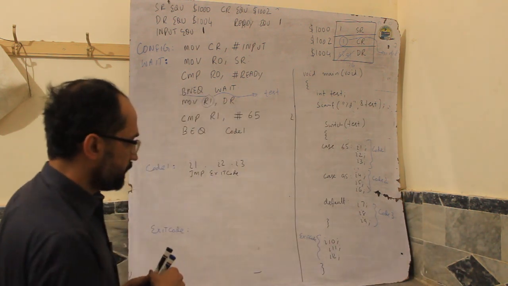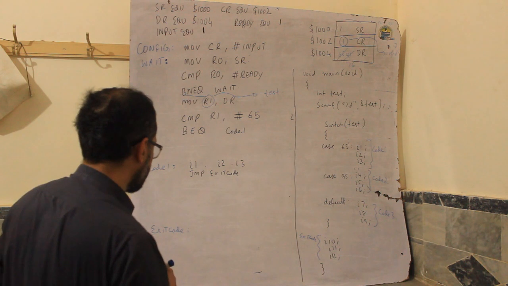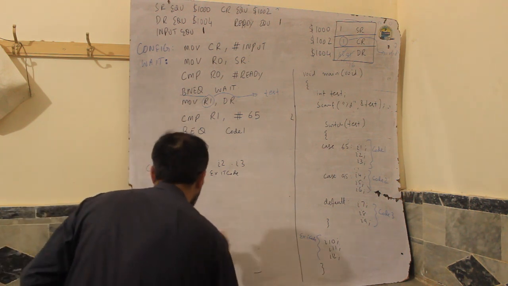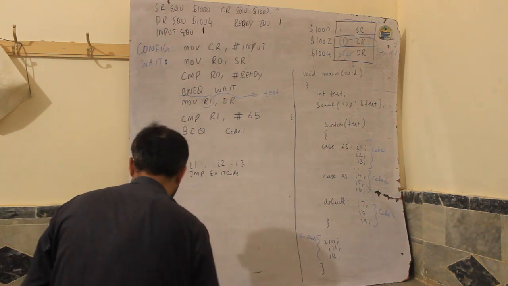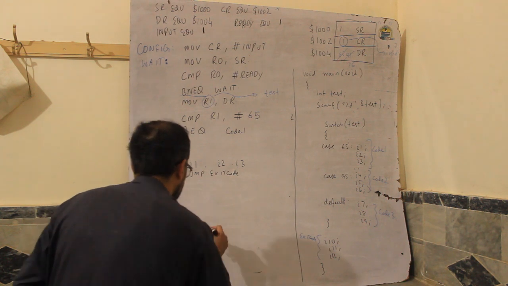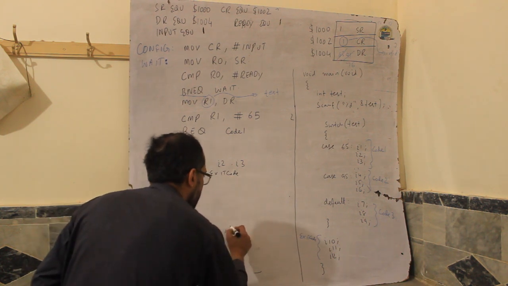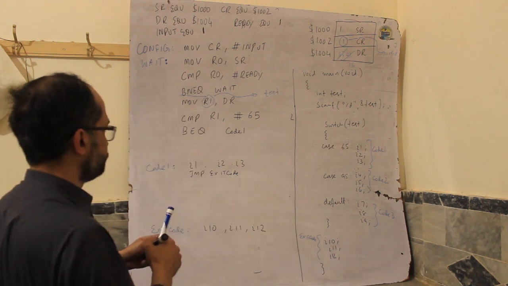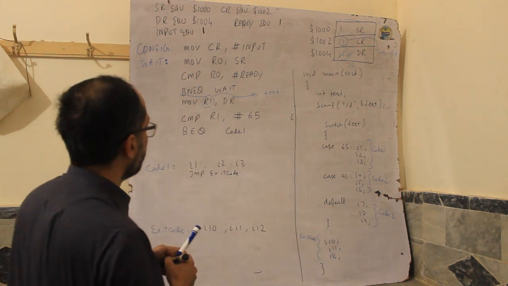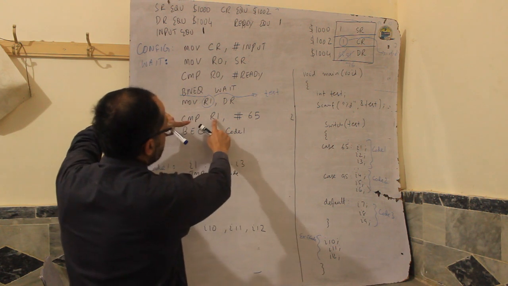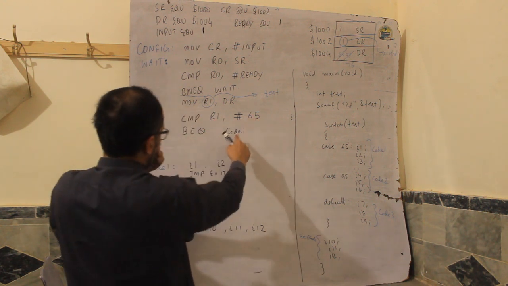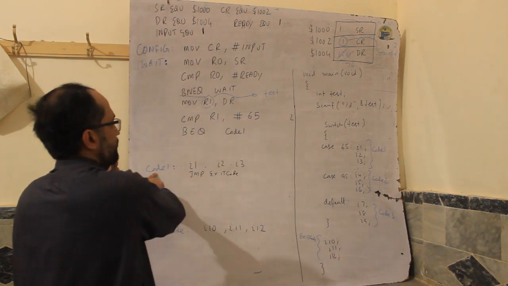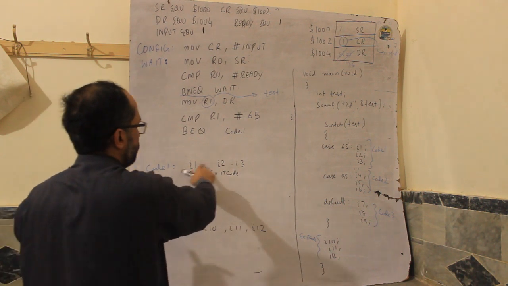What will be the instructions executed in the exact code? This is I10, then I11, then I12. So if this R1 is equal to 65, the control will be transferred here, and then I1, I2.